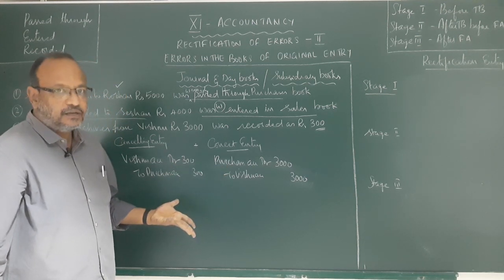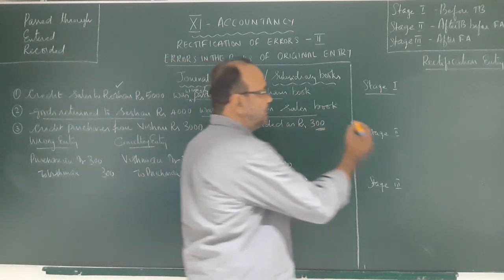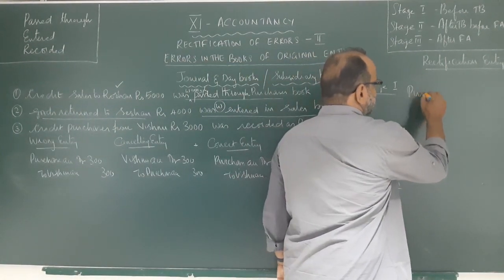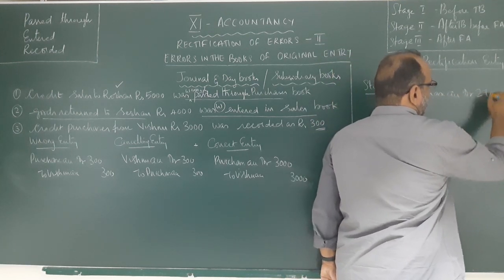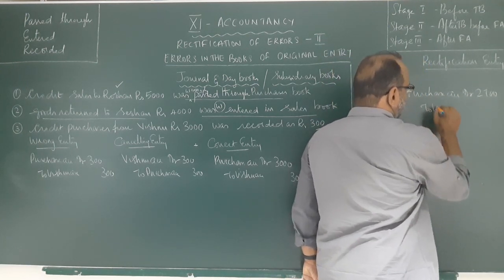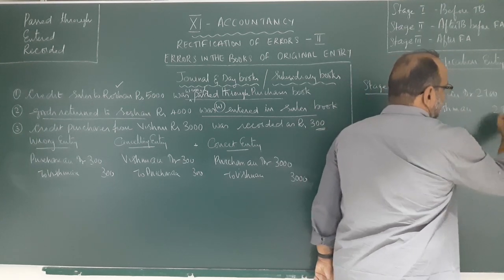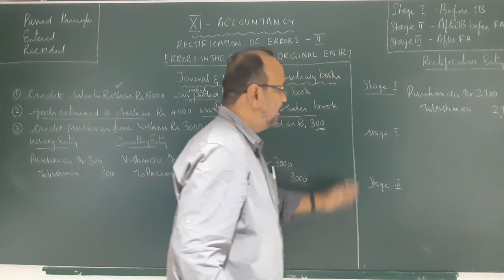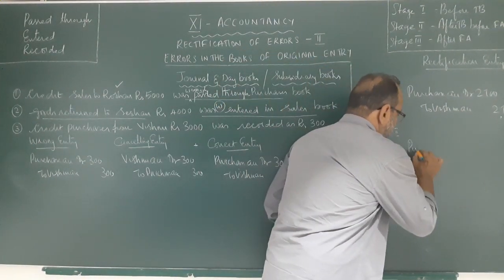That is a rectification journal entry. Purchase account shows excess debit 2700. Write that one. Purchases account debit 2700 to Vishnu account 2700.